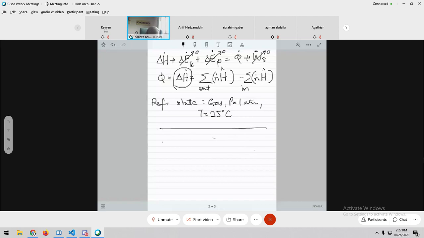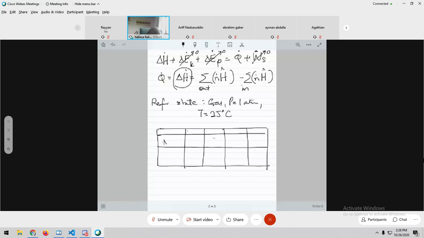This is what you normally do. This is for your enthalpy. This is for nitrogen. This is for hydrogen. This is N dot in.